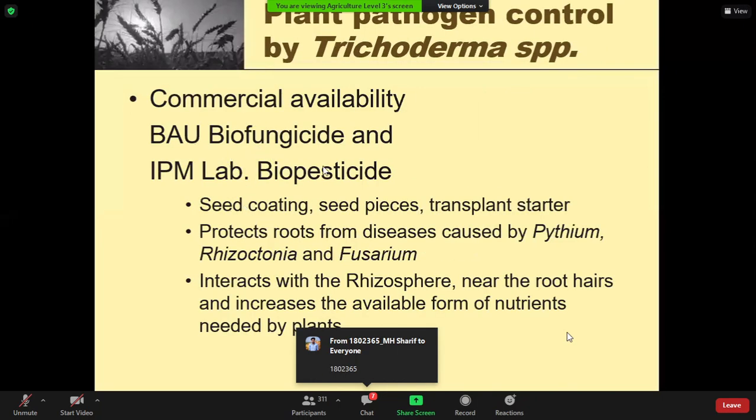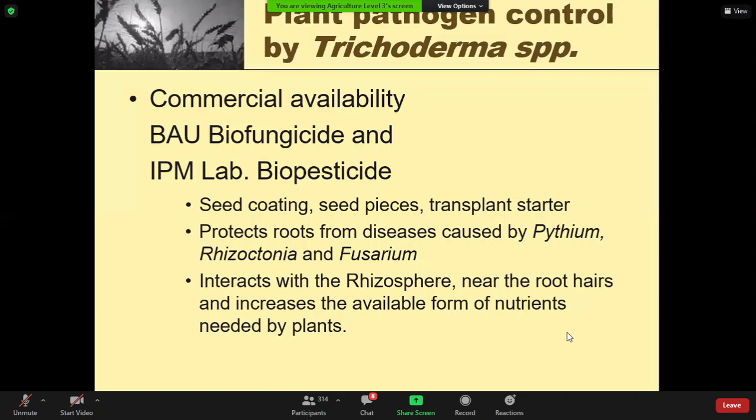You can see here from our department, two biopesticides have been developed, especially with the help of trichoderma. One is BAU biofungicide, and another one is IPM lab biopesticide. BAU biofungicide was developed in the IPM laboratory of the Department of Plant Pathology by Professor Dr. Ismail Hussain, a retired professor at the moment.